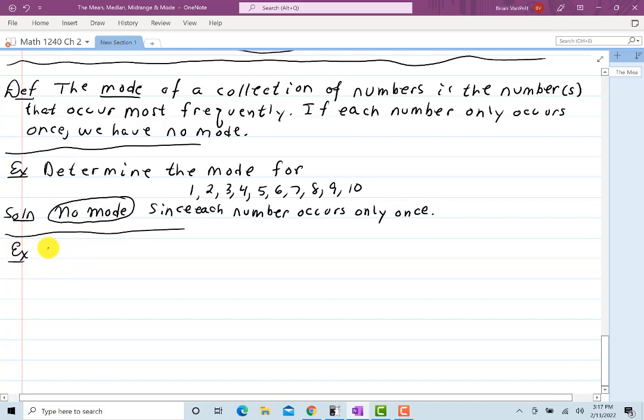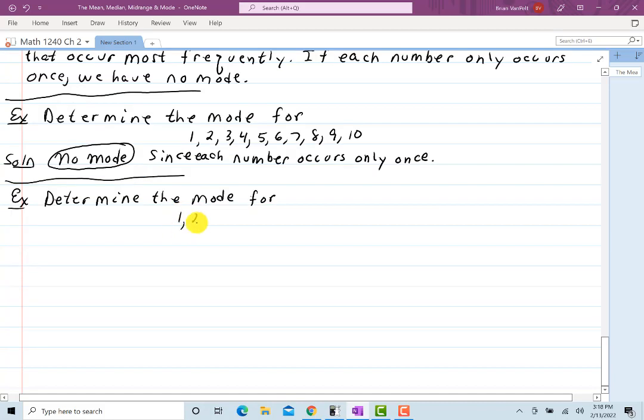Another example, determine the mode for 1, 2, 2, 3, 4, 5, 6, 7, 8, 9, 10. This one's easy. The mode equals 2 since that occurs more than any other number.